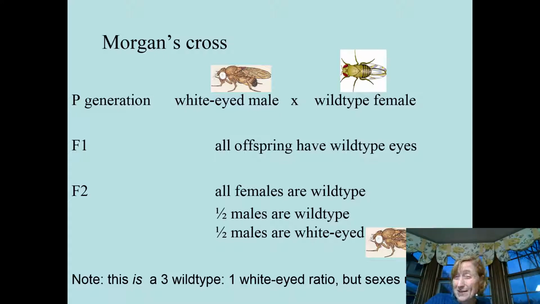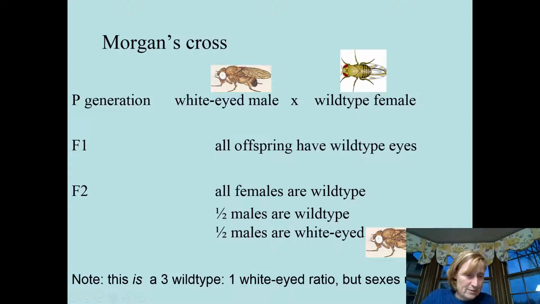He sort of got that, but let's look. He found that all of the females are wild type, half the males are wild type, and half the males are white-eyed. We were expecting to see that 3/4 of the offspring were wild type and 1/4 of the offspring were white-eyed, and that's kind of what he got.